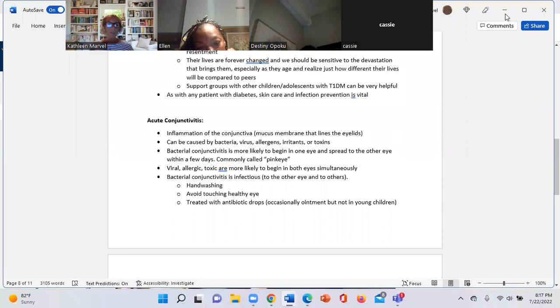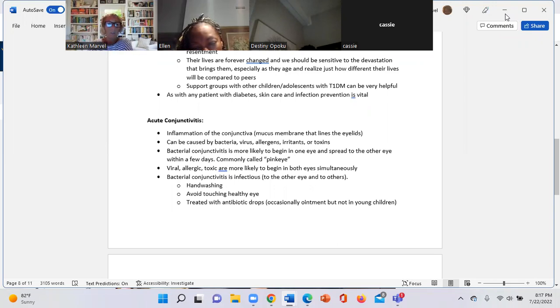Bacterial conjunctivitis is more likely to begin in one eye and spread to the other eye within a few days. That's your bacterial pink eye. Viral, allergic, and toxic are more likely to start in both eyes together.